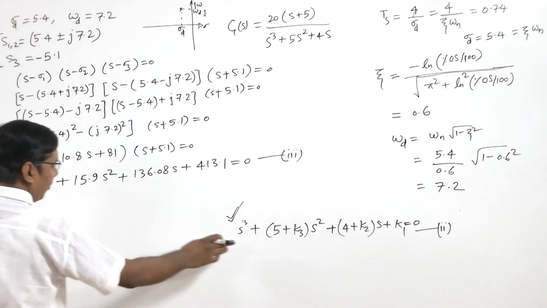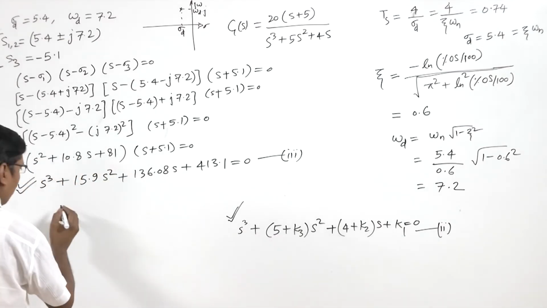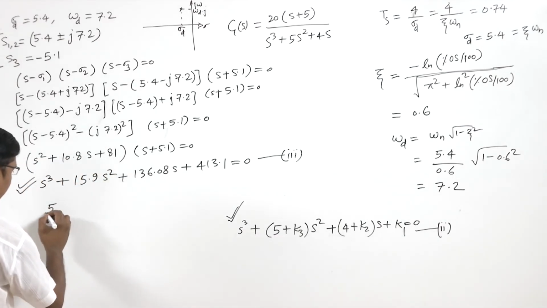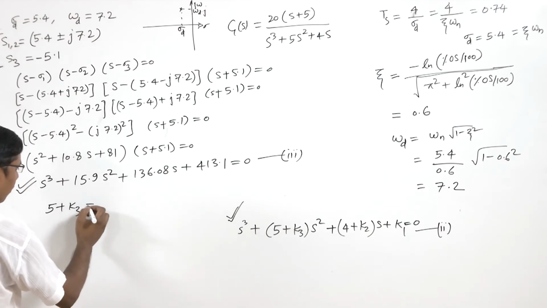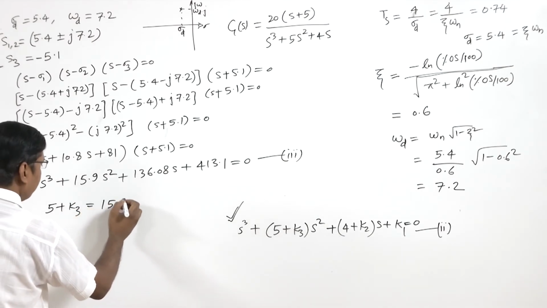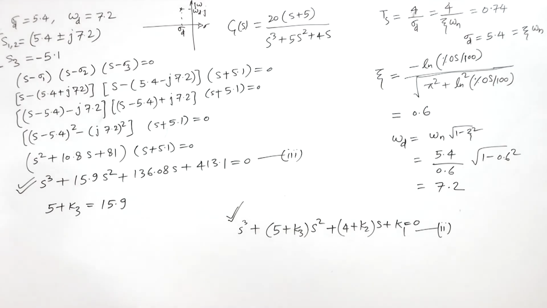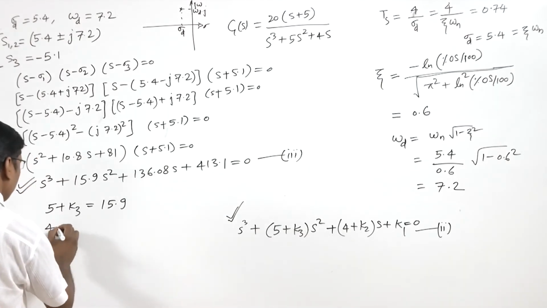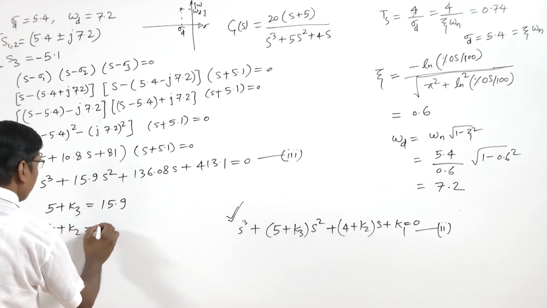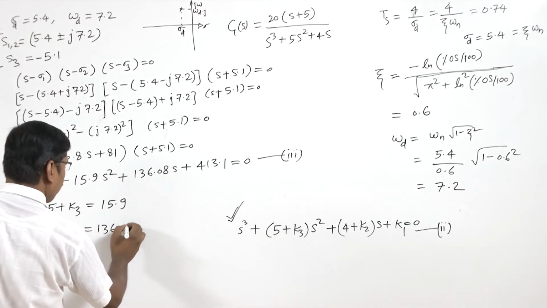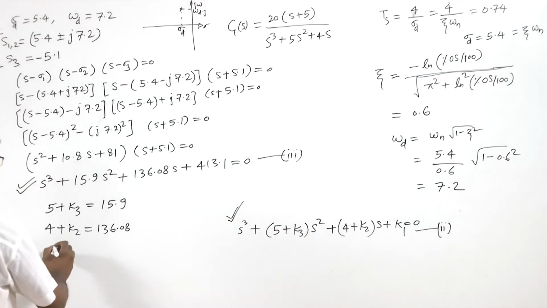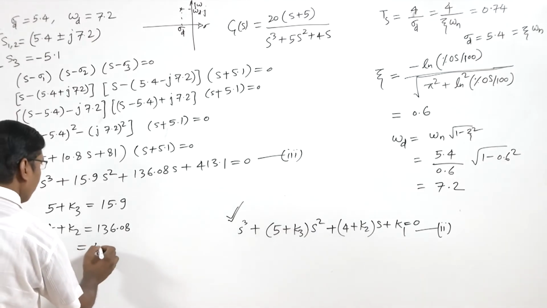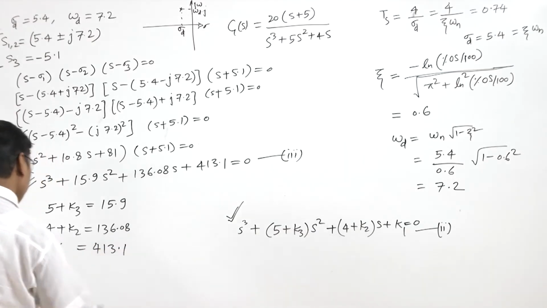So here if we compare S square, so 5 plus k3 equal to 15.9, and 4 plus k2 equal to 136.08, and k1 equal to 413.1.